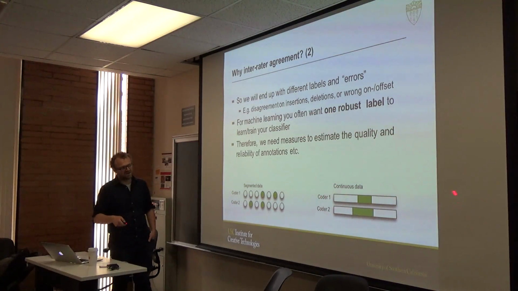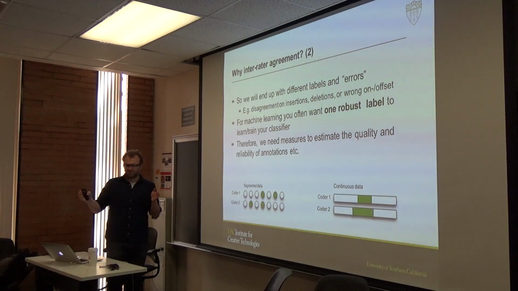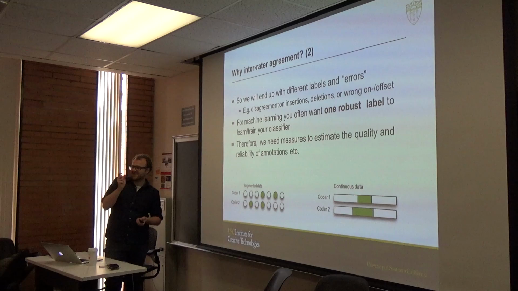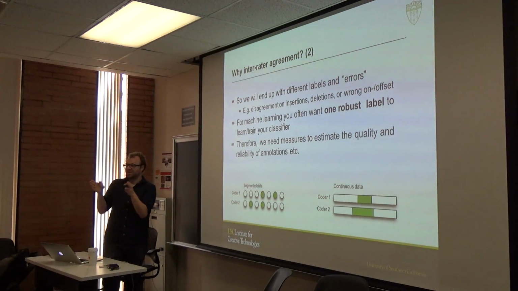In continuous data, when you label continuous data, like every tenth of a second, you want to get an opinion. You don't want to segment each tenth of a second for each coder separately, but you actually want to have them watch a 5-minute segment, and they tell you that from second 15 to second 34 something emotionally is happening, so they define the start and end points themselves.